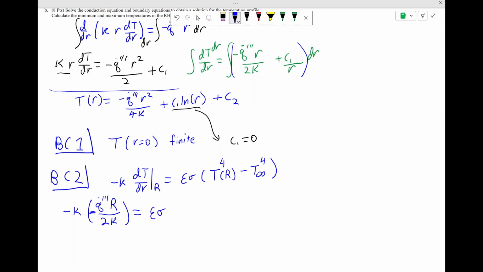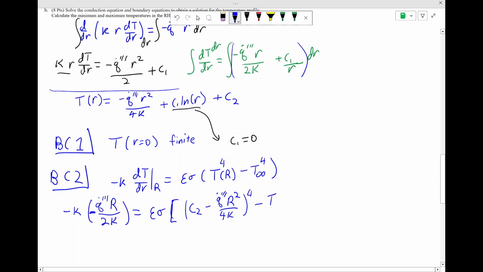epsilon sigma. Okay, so now we have temperature to the fourth power. So we can plug that in at R. So we're now going to get, let's see here, C2 minus q dot triple prime big R squared over 4k, and this group to the fourth power minus T infinity to the fourth power.